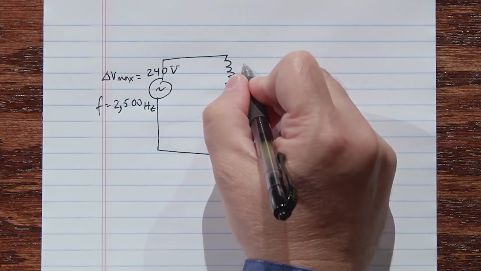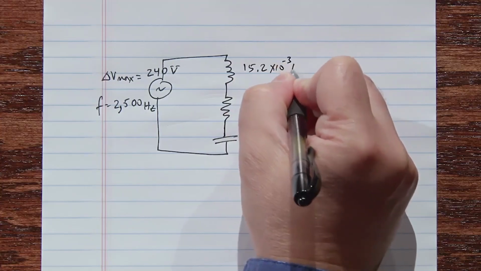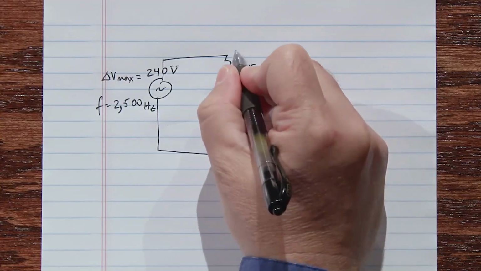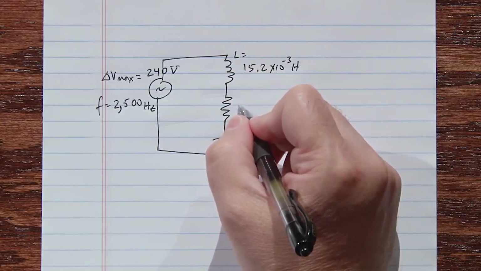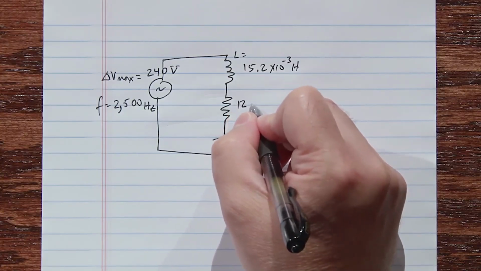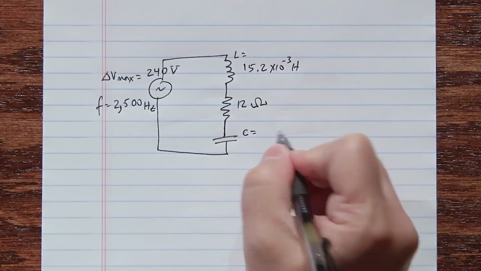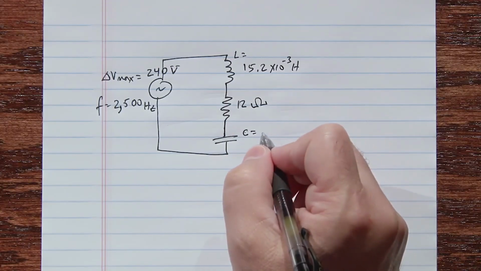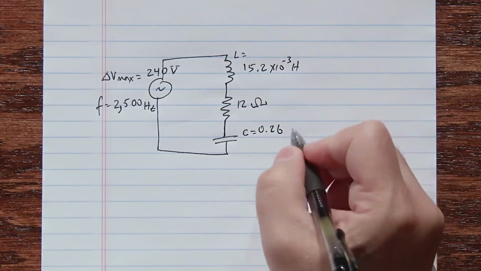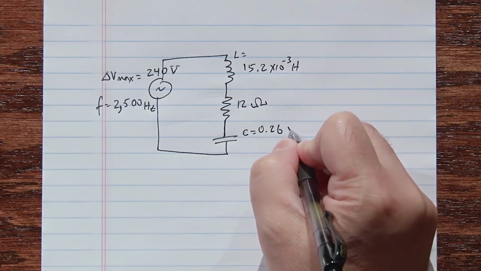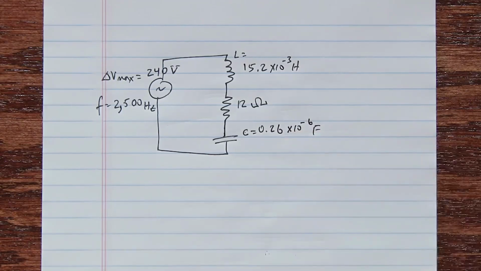L is 15.2 times 10 to the minus 3 henries, or 15.2 millihenries. The resistance is 12 ohms, and the capacitance is equal to 0.26 microfarads, or 0.26 times 10 to the minus 6 farads.